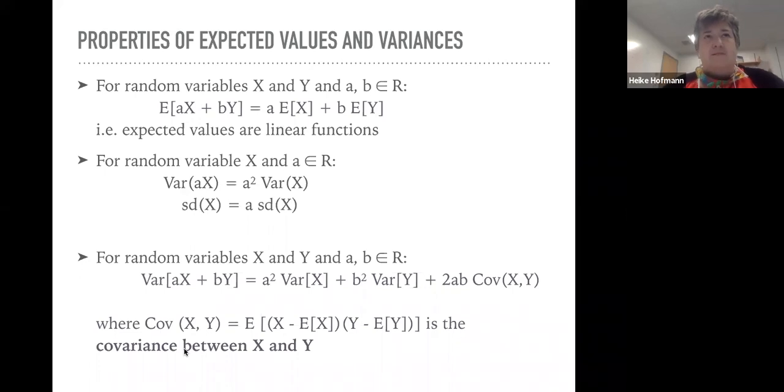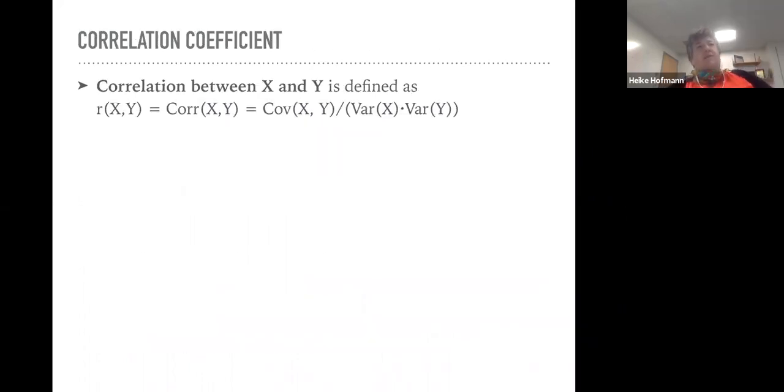So covariance is probably something that you haven't seen as much, but correlation is definitely something that you've seen before. And the thing is that correlation is nothing but a standardized form of the covariance. So we take the covariance and we divide by the square root of the variance of X times the variance of Y. That is the correlation.